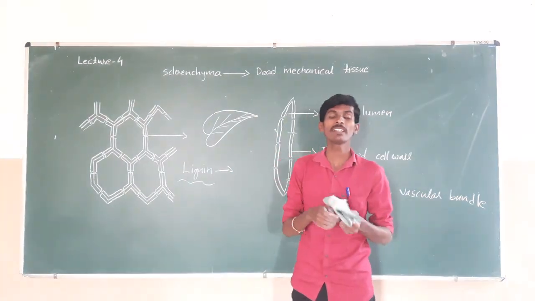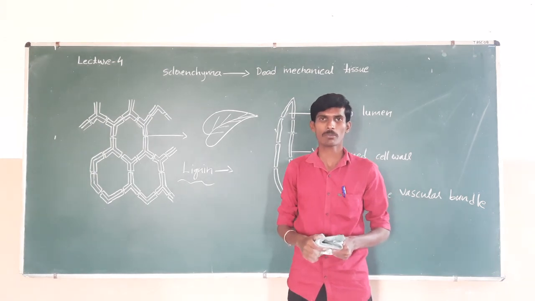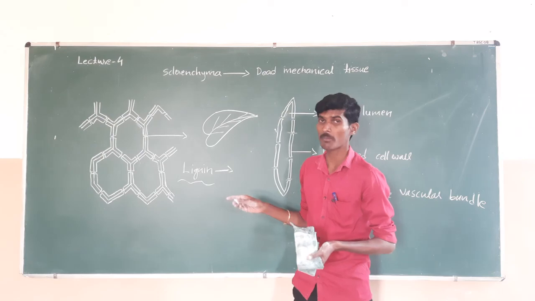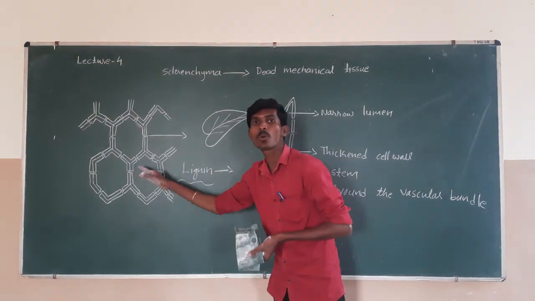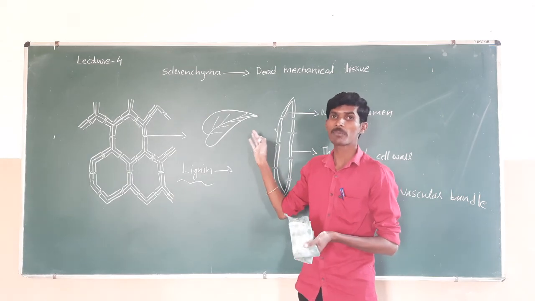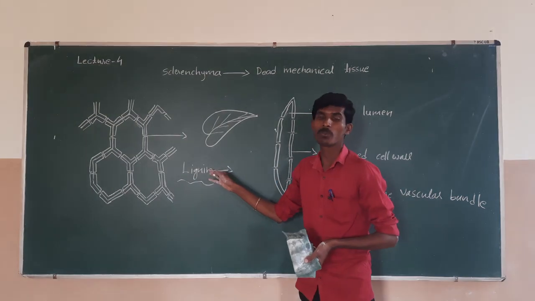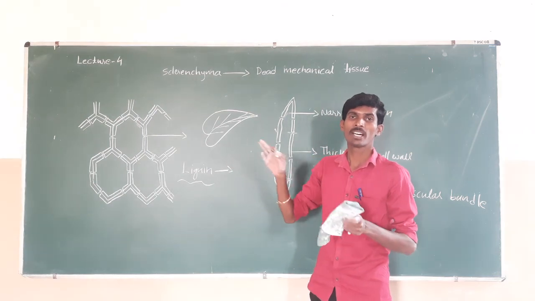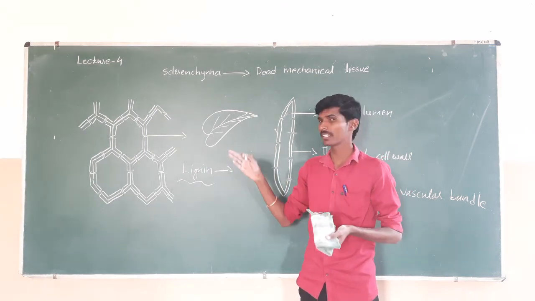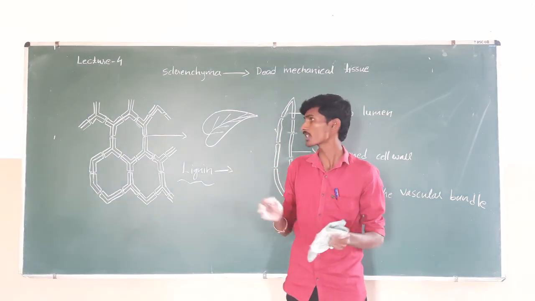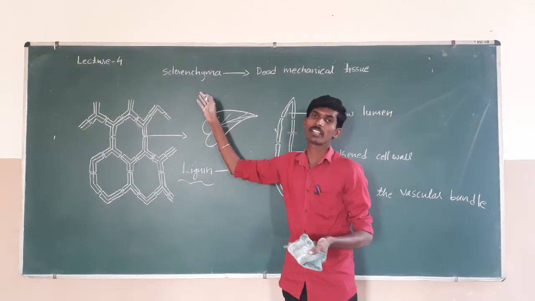Lignin is a chemical substance that acts as a cement and hardens the seed pod as well as other plant parts. There are no intercellular spaces in the sclerenchyma cells.